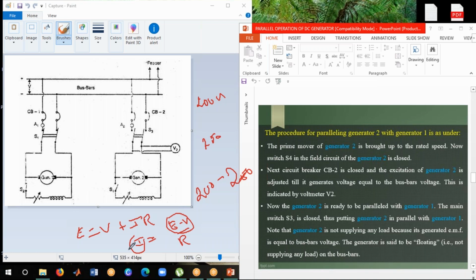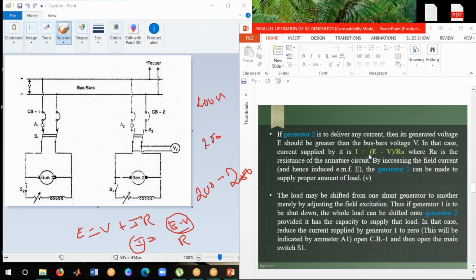Okay na? So then what we have to do is inject the current to these generators. So how do we identify it? By using this equation, I is equal to E minus V divided by Ra. From this equation we can identify what current should flow to generator 1 and generator 2.